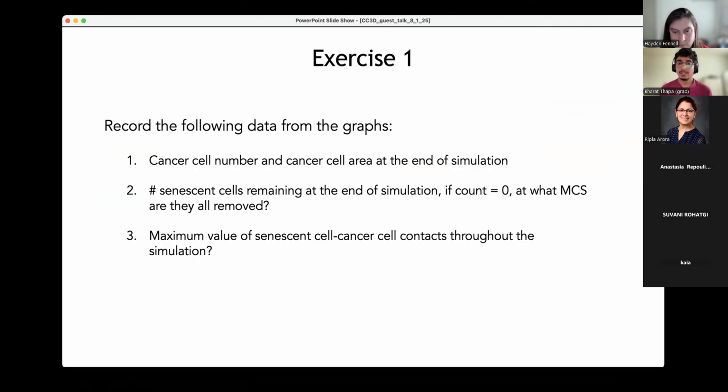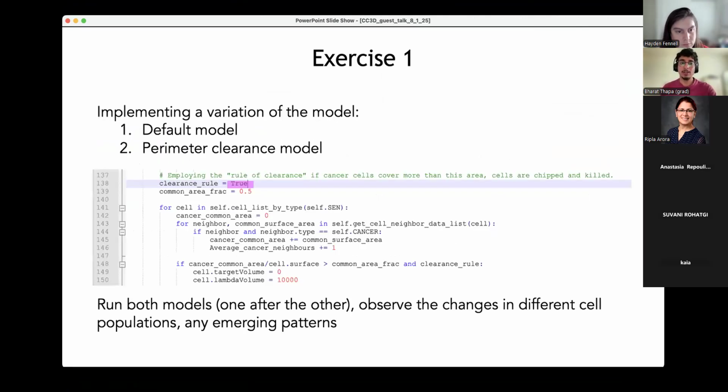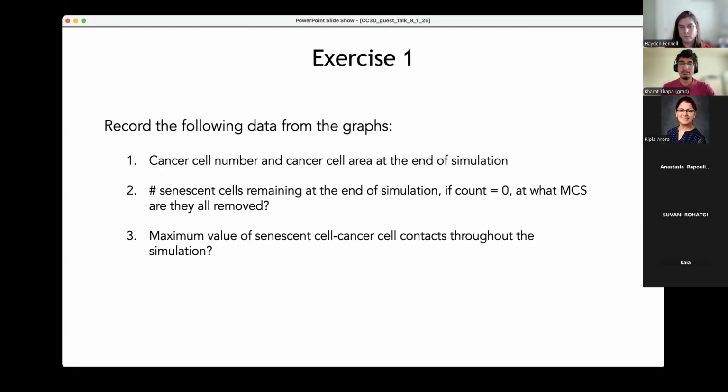Since we are simulating two models, the default model, and then I want you guys to make this one change, which is change the clearance rule from false to true, and run the simulation again and record the same values again. So I'll give you 5 minutes to do it, and then we can talk about the results. We can talk about if there were any observations or anything you guys want to discuss.